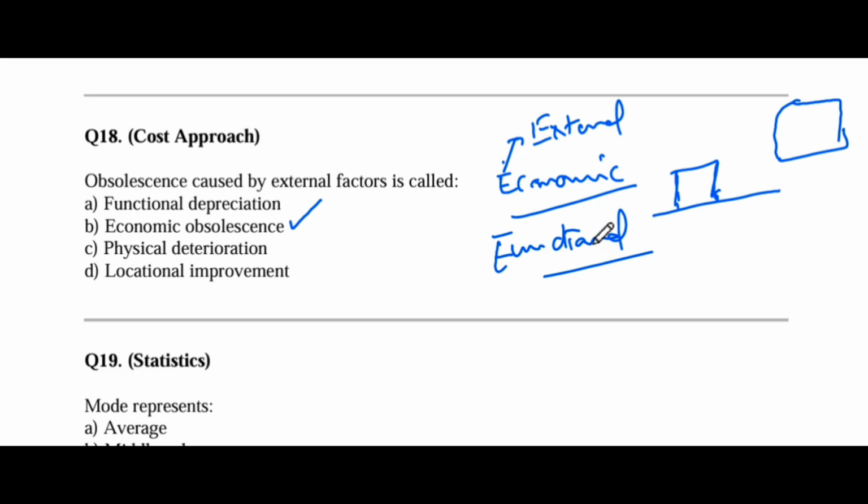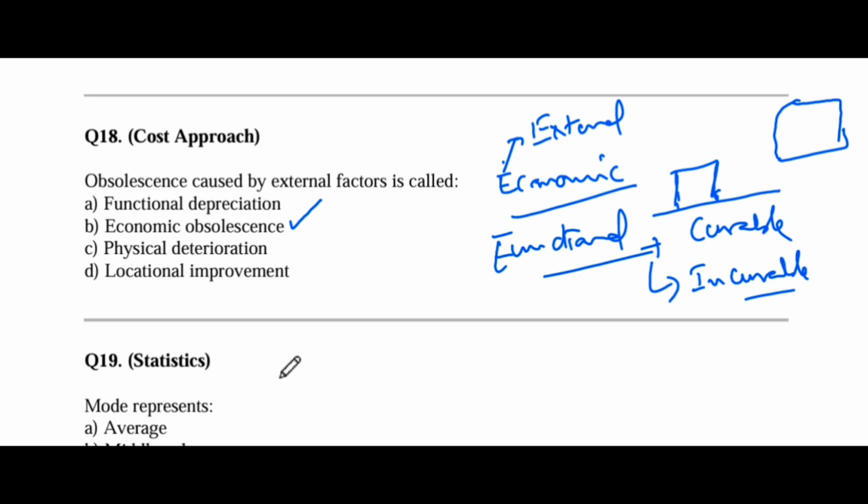So it can be either curable or incurable. These are two types. The famous examples are outdated design, a closed off segmented floor plan in an era where open concept layouts are preferred. Inadequate systems, old plumbing works, electrical wirings, or lack of central air condition are all curable.